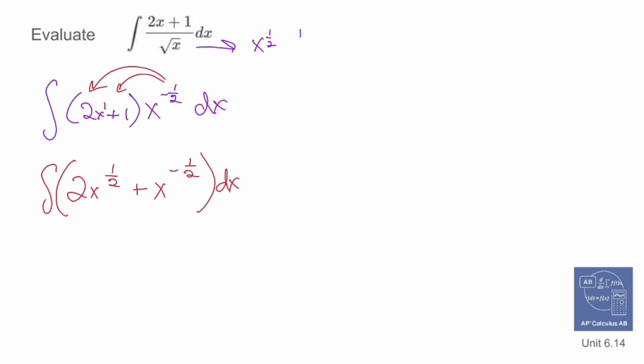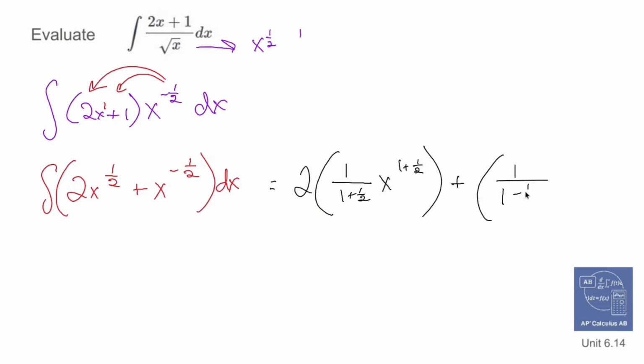Now I can integrate. So the 2 just kind of lingers. You would have 1 over 1 plus 1/2 times x to the 1 plus 1/2, and 1 over 1 minus 1/2 times x to the 1 minus 1/2, plus arbitrary c, of course, can't forget that.